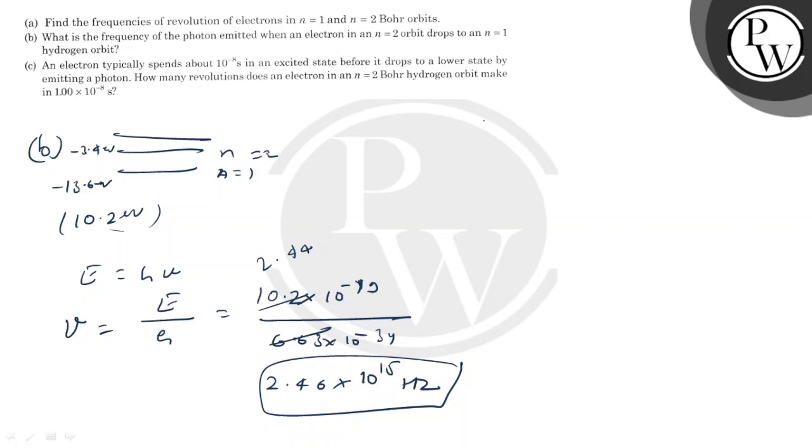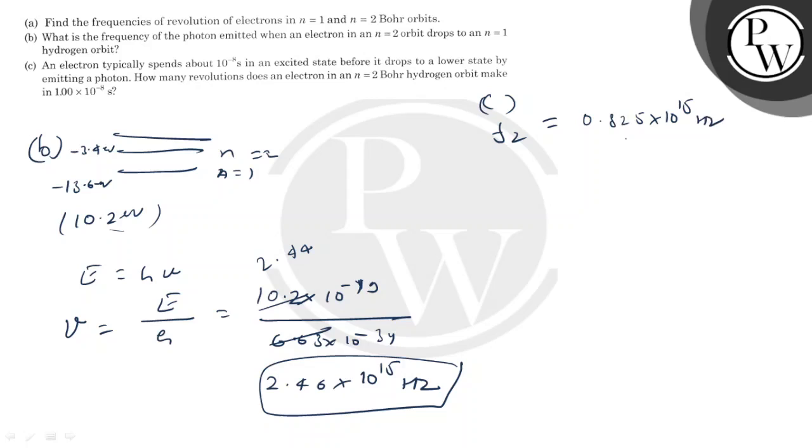Now let's talk about C part. An electron typically spends 10 to the power minus 8 seconds in an excited state before it drops to a lower state by emitting a photon. How many revolutions does it complete in n equals 2? F2 we calculated in the first part as 0.825 into 10 to the power 15 hertz.